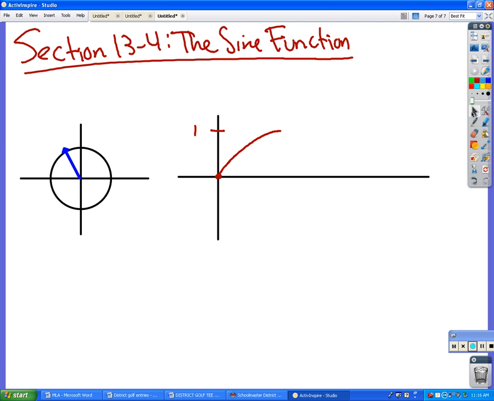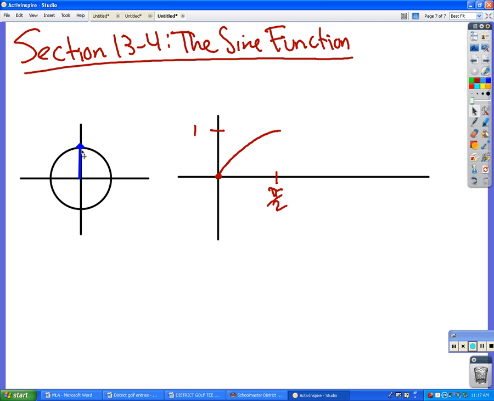Now we're going to try to think as much as we can in the language of radians. When it hits this maximum value right here, what is the radian measure of this angle? Pi over 2, good, because that's a 90-degree angle. So right there at 1, I'm going to say that this is pi over 2.